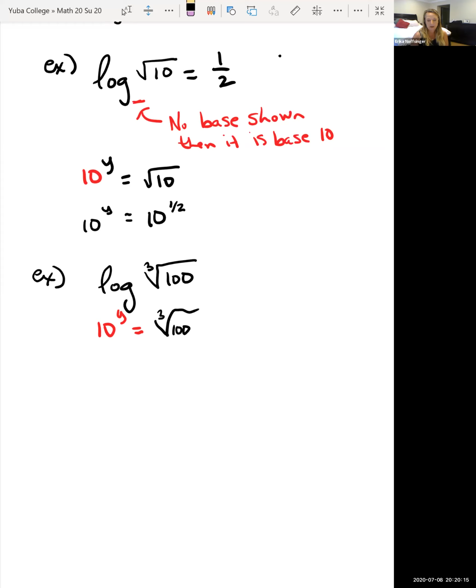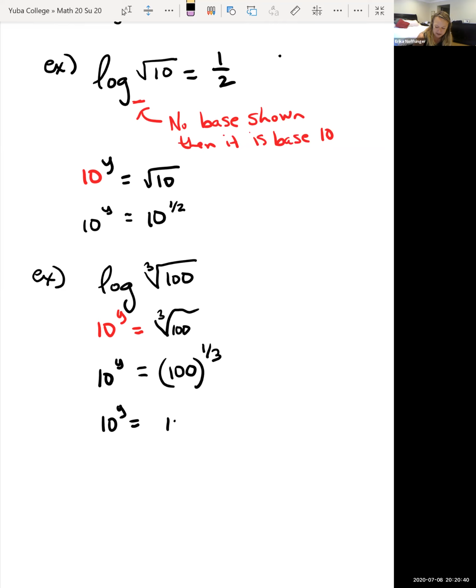So we need to manipulate this. This is 100, right, raised to the cubed root, which is the 1/3 power. I'm just going to keep bringing down my 10 to the y. This is not exactly the same. We need to manipulate them to be the same base, but 100 is the same thing as 10 squared.